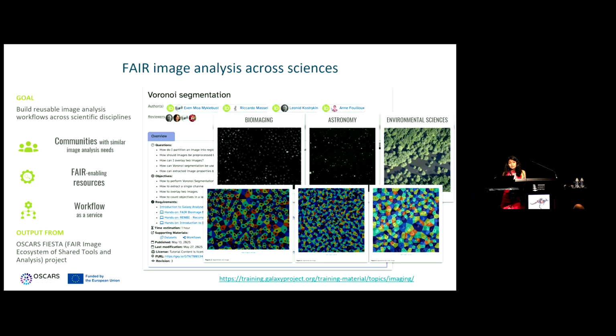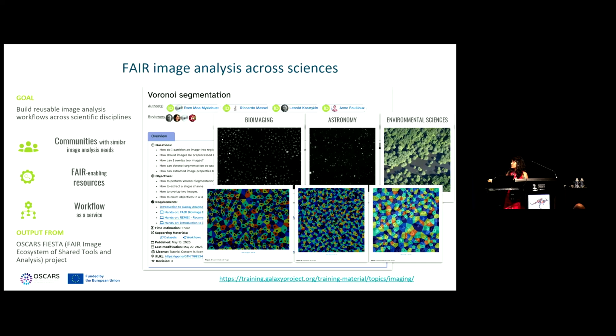With this project, we could bring together communities that have similar needs towards image analysis. We had FAIR-enabled resources that allowed us to pull together data, in this case imaging data, and not just bioimaging, right? Here we can see some nice cells. This is astronomy data, and this is environmental data of some tree canopies, right? And we have common workflows, or rather show the power of common workflows.